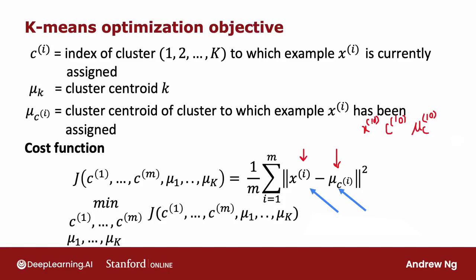And that would be one of the terms over here that we're averaging over. And it turns out that what the k-means algorithm is doing is trying to find assignments of points to cluster centroids, as well as find locations of cluster centroids that minimize the squared distance.